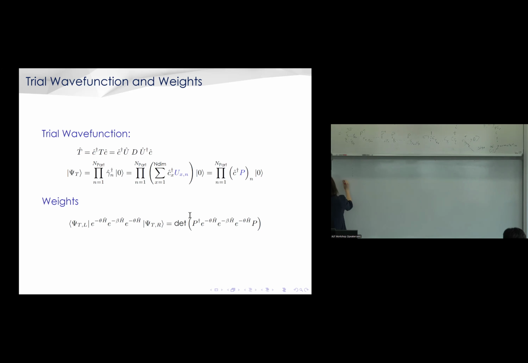But ultimately what you get is a sum over the possible permutations for these NP particles, and then you have the sign of the permutation times the matrices P dagger P, 1 with the permutation 1, up to the NP times the permutation of NP.